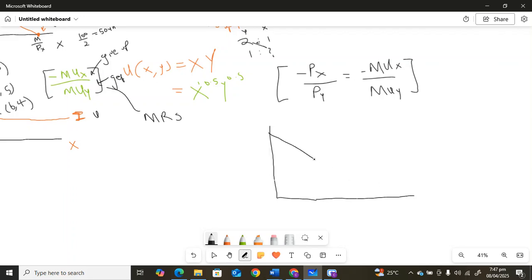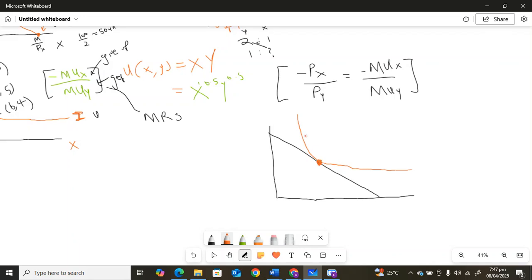It's basically where the indifference curve is tangent to the budget constraint line. In mathematics, when we say tangent, it just means the indifference curve and the budget constraint line have the same slope.